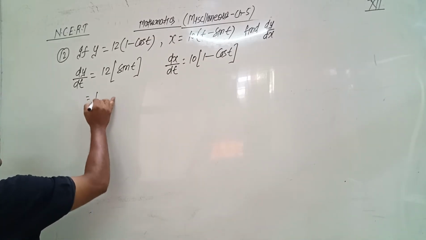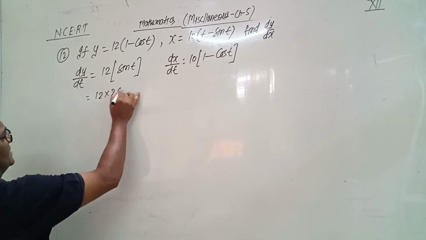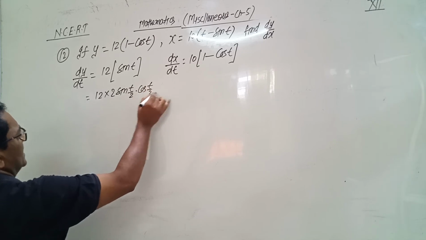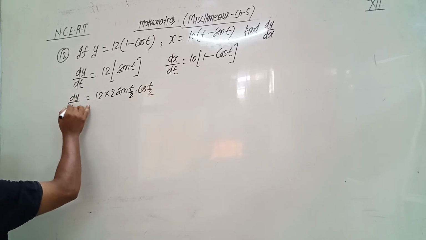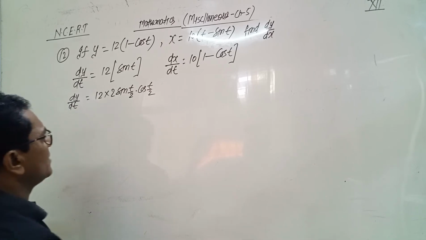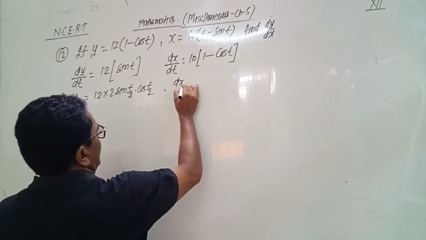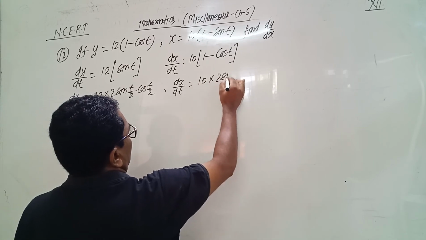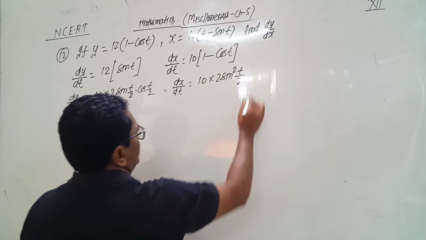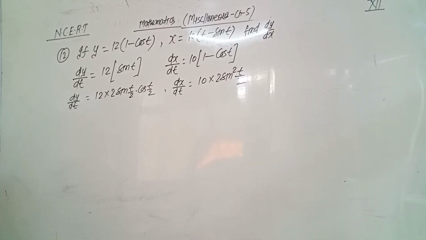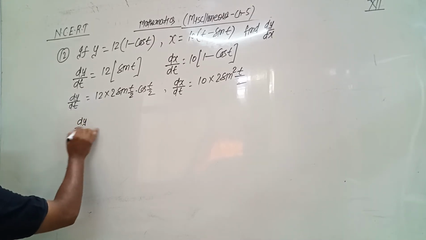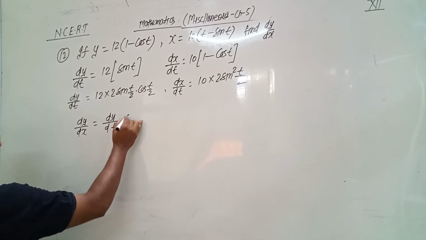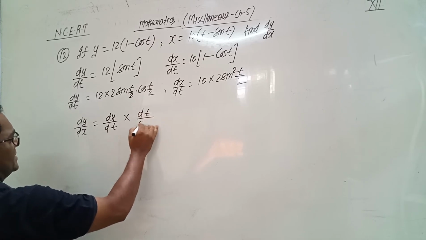Now we write sin t as 2 sin t by 2 into cos t by 2. This is dy by dt. And from here dx by dt equals 10 into (1 minus cos t), which is 2 sin square t by 2. And to find the value of dy by dx, we may write dy by dt into dt by dx.